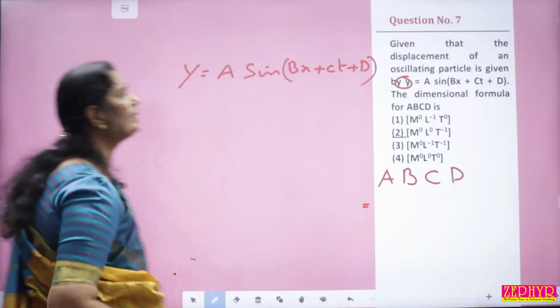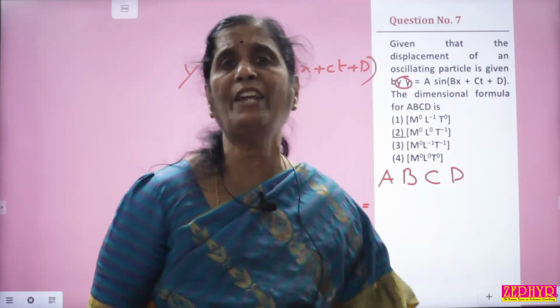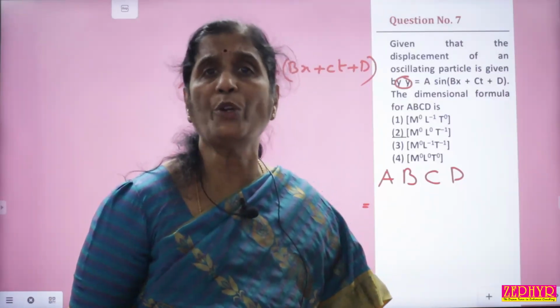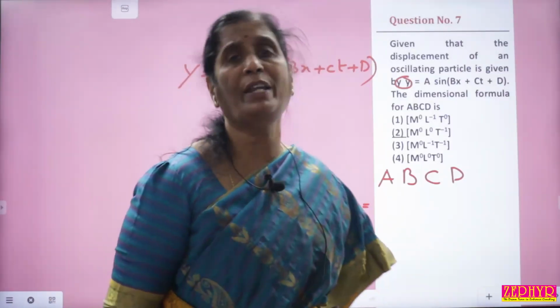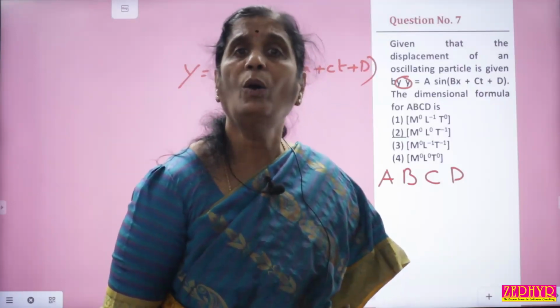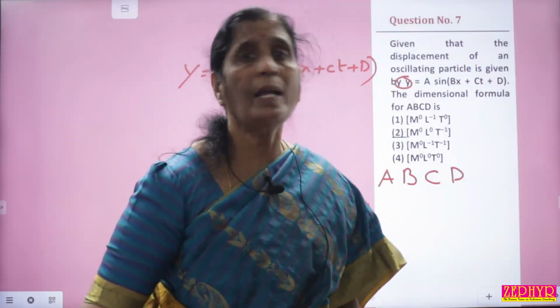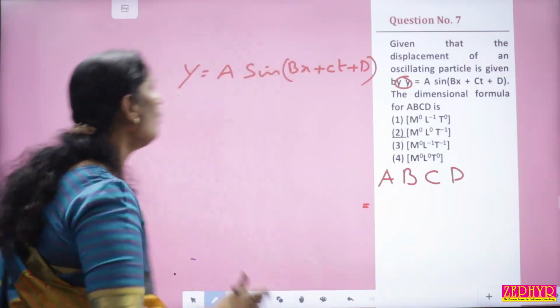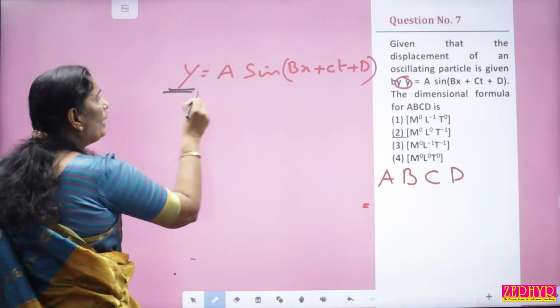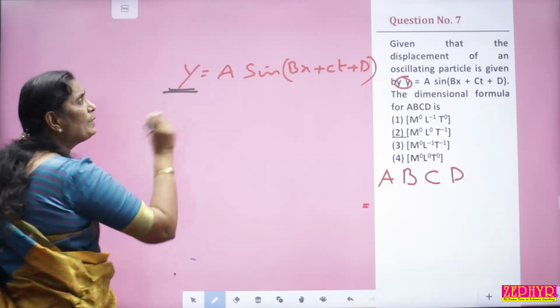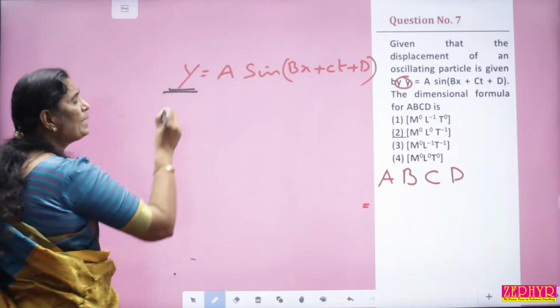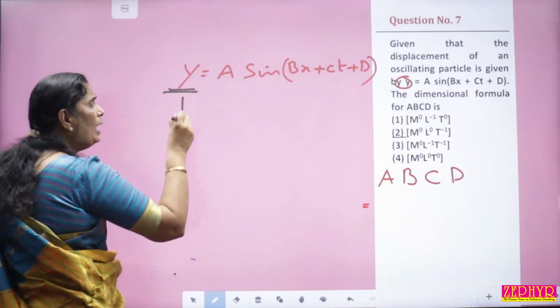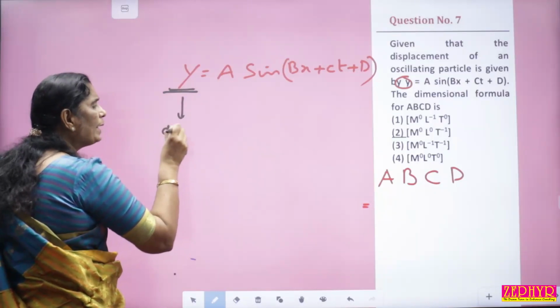This represents the equation of a particle executing simple harmonic motion. Now the formula: y is equal to a sine omega t plus phi. What does y stand for? Displacement of the particle.